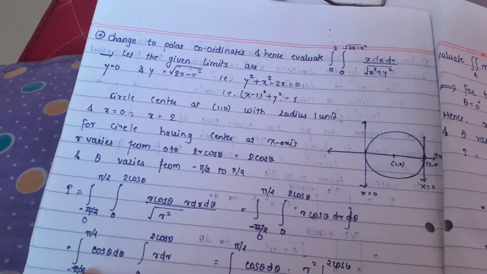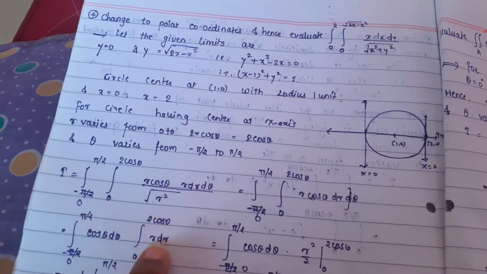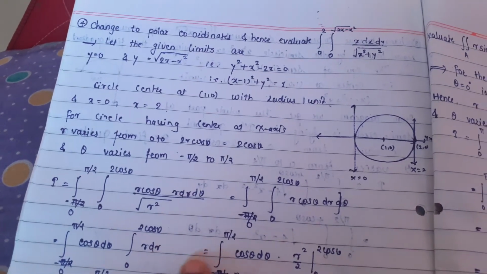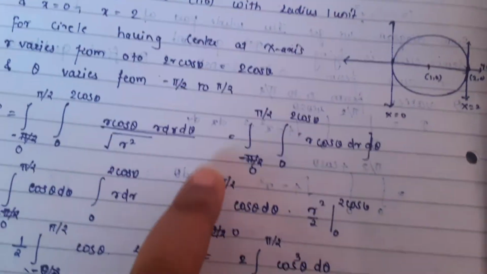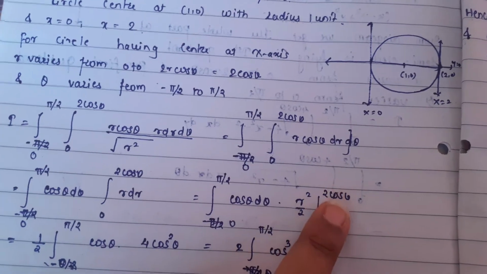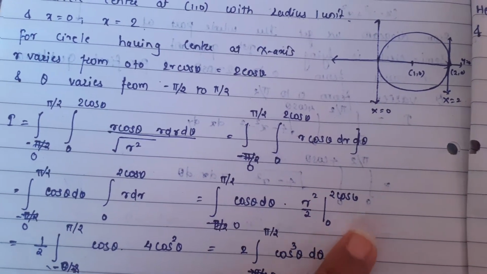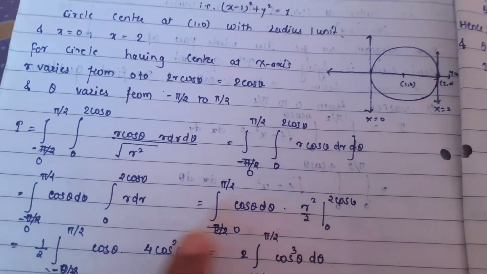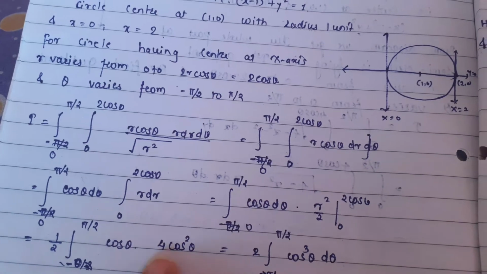So the integration is 0 to pi by 2, cos theta d theta, times the integration from 0 to 2 cos theta of r dr. The integration of r is r square upon 2. Therefore the integration becomes 0 to pi by 2, cos theta, r square upon 2, from 0 to 2 cos theta. Apply the upper limit only, because the lower limit is 0 and 0 square is equal to 0. So 1 by 2 is a constant outside, therefore 0 to pi by 2, cos theta as it is, into d theta.